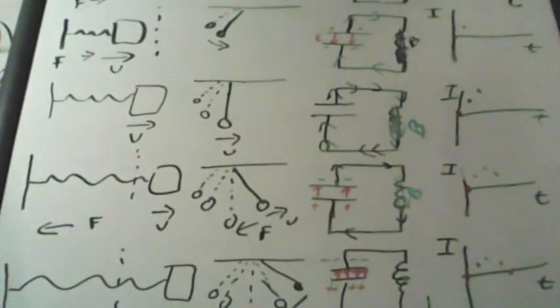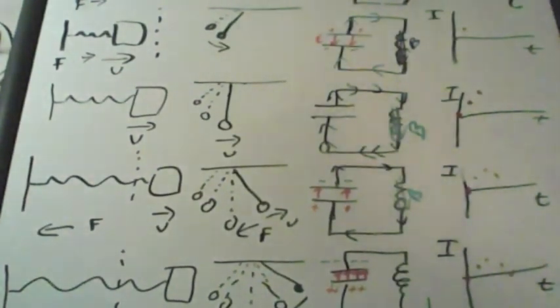And as a reminder, you have a resonant frequency for the RLC circuit, 1 over square root of LC, where L is the inductance, properties of the coil, C is the capacitance, and these are properties of the capacitor.